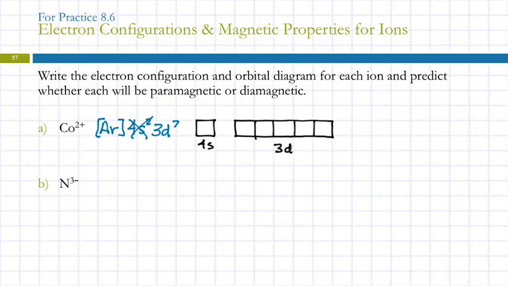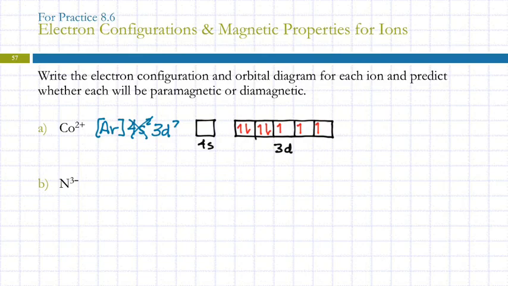Here's 3d. And it has 7 electrons in the 3d. 1, 2, 3, 4, 5, 6, 7. Are there unpaired electrons? Yes. So is it diamagnetic or paramagnetic?